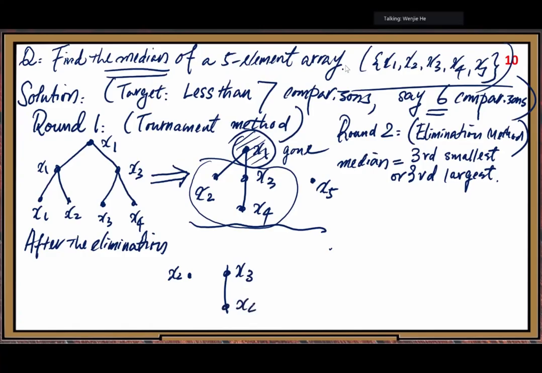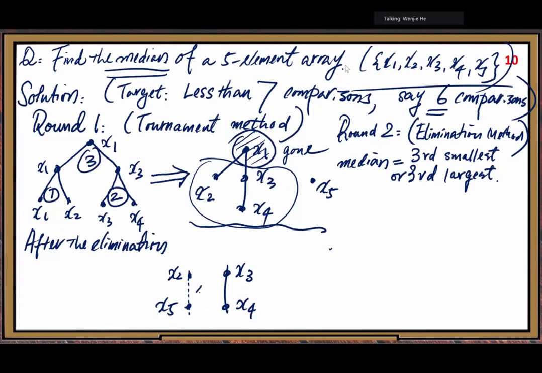X3 is greater than X4, X5 unknown. So we can make our comparison. Because this tournament round needs 3 comparisons, 1, 2, 3.